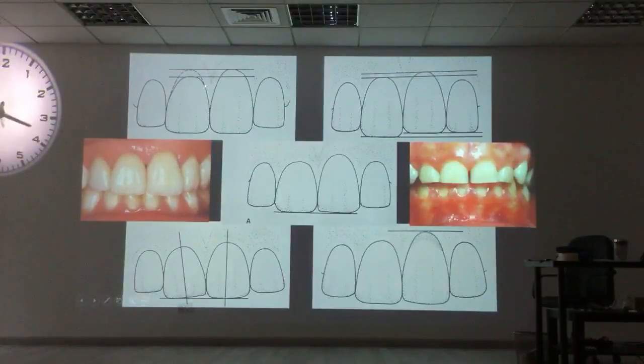You have to make this longer, otherwise it will look awkward. If you make this longer and your implant is here, the neck of the implant will show a gray color and it will not look aesthetic.